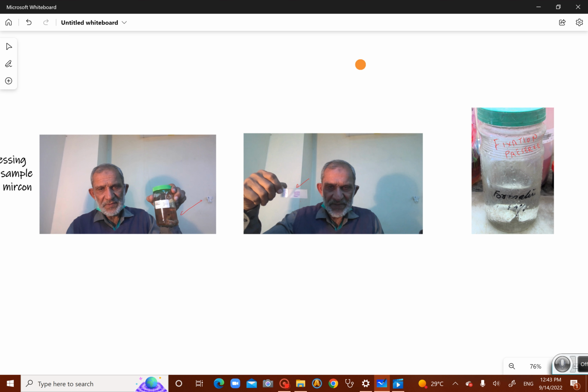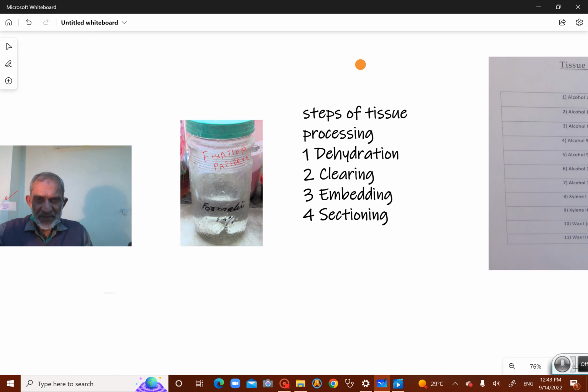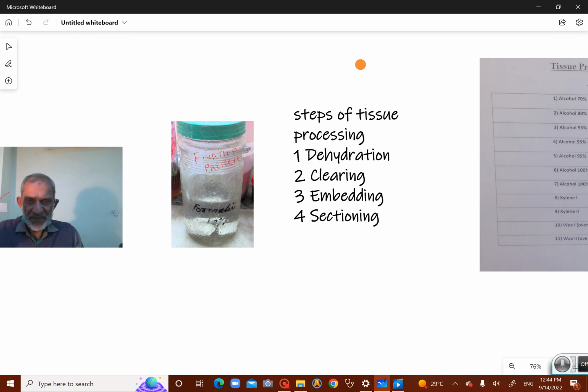So important thing number one is, whenever you get any material from the physician or from the surgeons, formalin. Put the tissues in 10% formalin, so that it is fixed and it is preserved. That is very important.